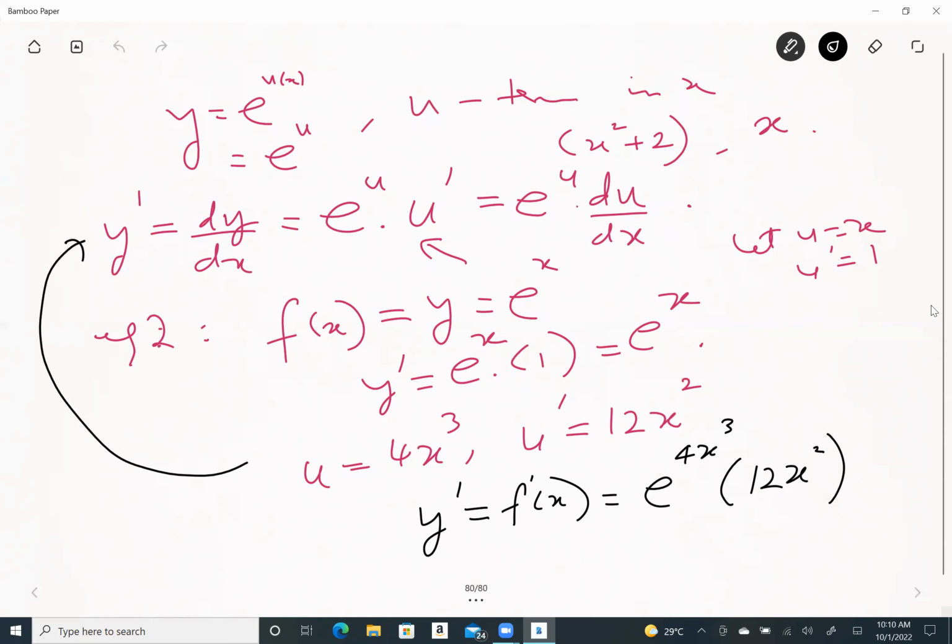In example 2 part B, you look at the multiplicative terms. What is the product rule? You have u prime v plus v prime u. But don't confuse it with the u power of e. This is the product rule.